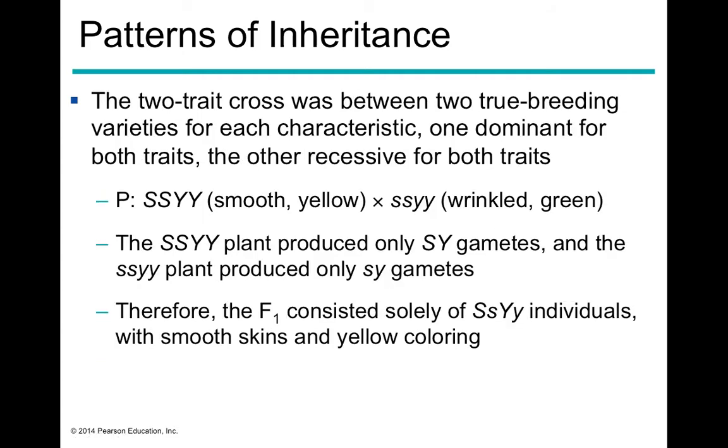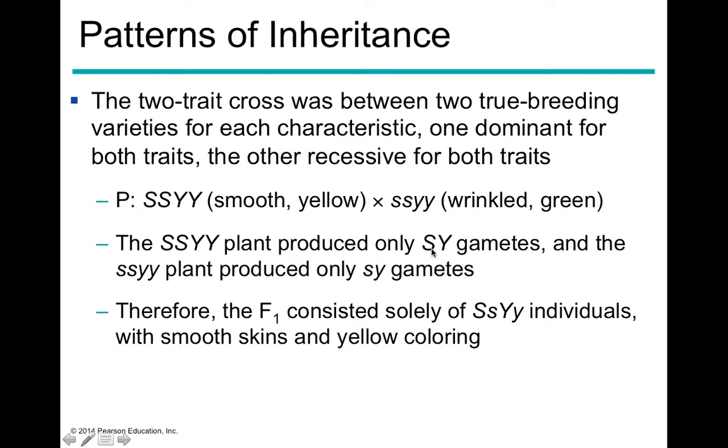And we have an individual that is going to be smooth and yellow and is homozygous dominant for both of them. So this is our parental generation. And also another individual that is wrinkled and green, so homozygous recessive for both traits. And we know that this plant can only produce dominant alleles.